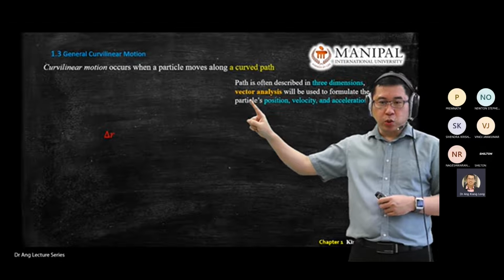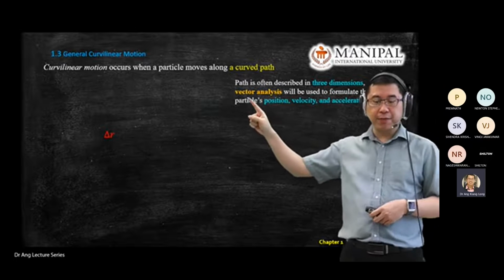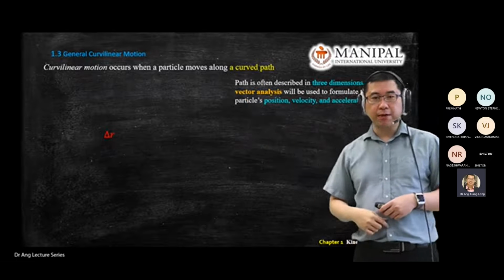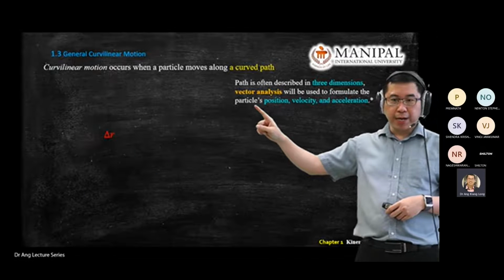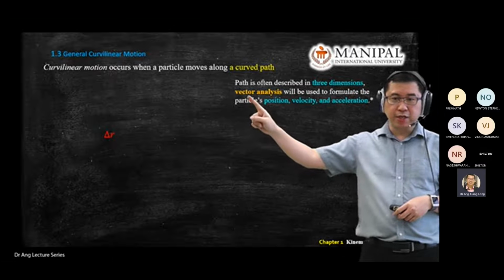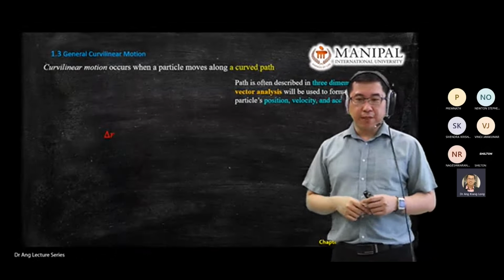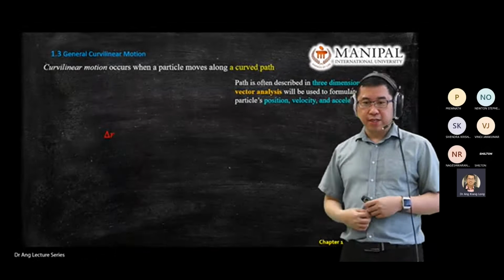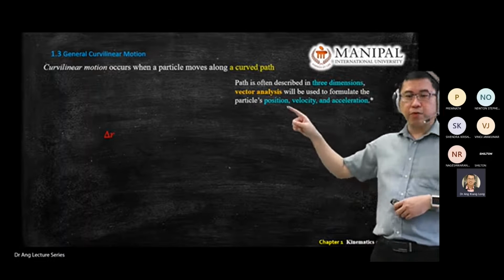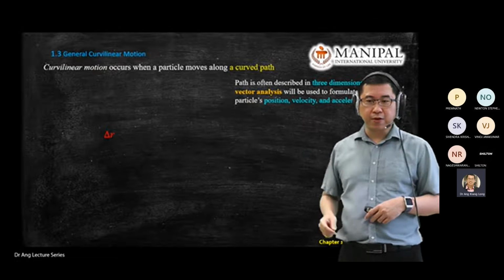And we need to use vector analysis. This also falls under your advanced mathematics. There's one chapter we learn about vectors. So you need to apply what you learn in your mathematics in this section. Vector analysis means when you have two vectors, what happens to the resultant vector? Anyway, we will refresh the concept of vectors later on.